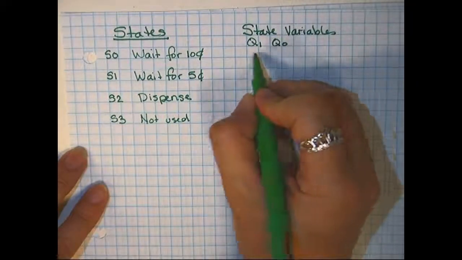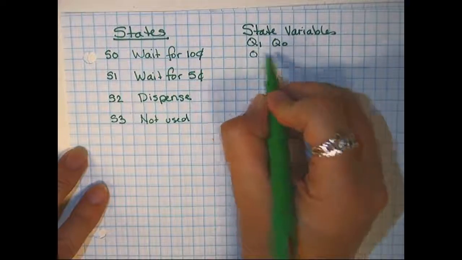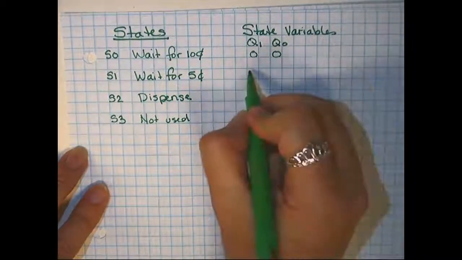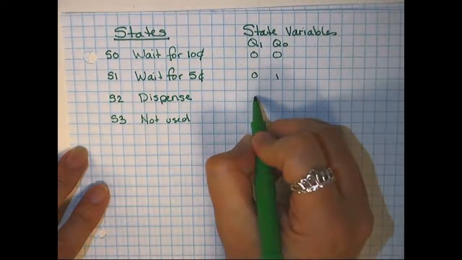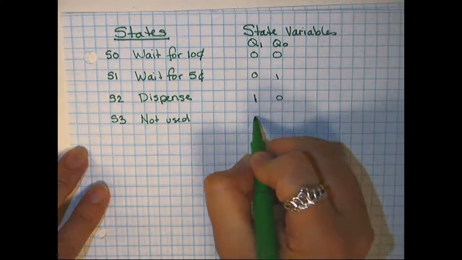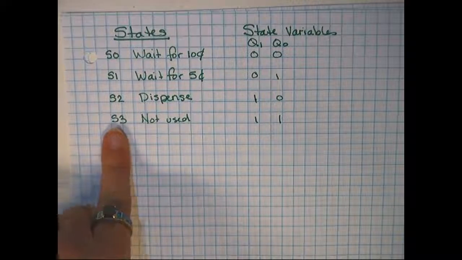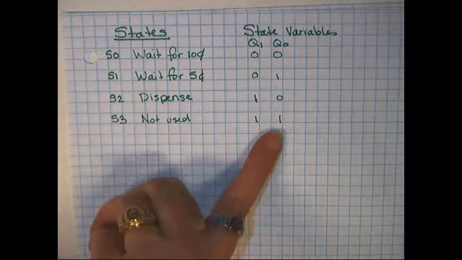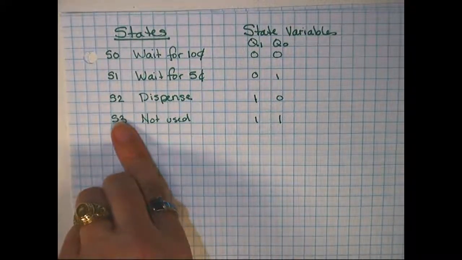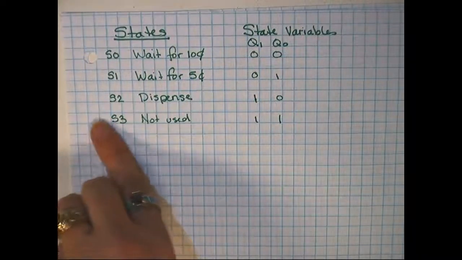And what do you think that's going to be? 00, 01, 10, 11. Does that match this part over here? Yeah, that's just the binary of these over here.